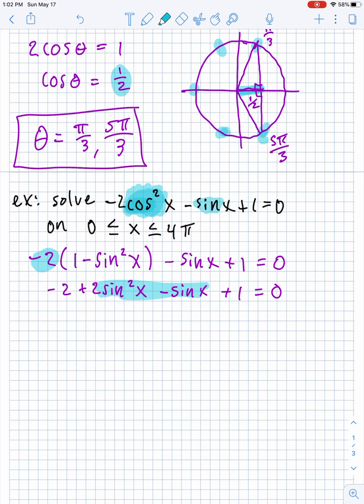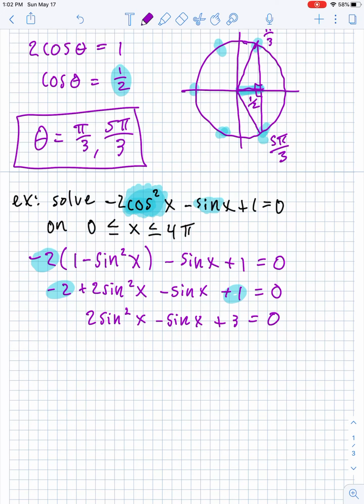It's kind of like if you had x squared and x, you couldn't combine them because they're not like terms. They have different powers. So what can we do? Well, this -2 and positive 1 can be cleaned up. So let's just do a quick rewrite on that. 2 sine squared x minus sine x plus 3 is equal to 0.